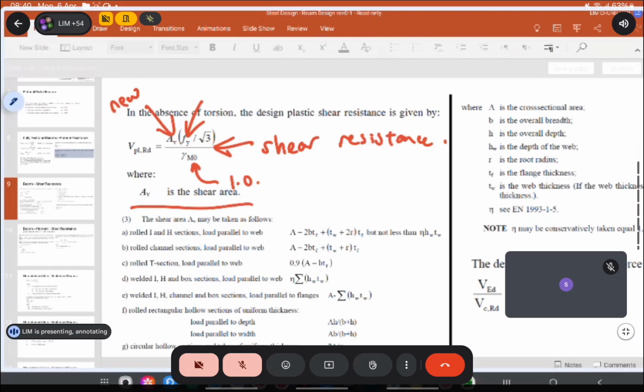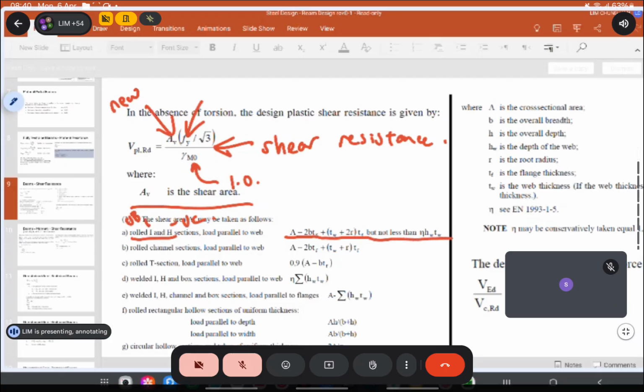So what is the shear area? It depends on what shape steel beam you are using. If you are using an I or H section, I is basically UB and H is basically UC, that's the formula you follow.